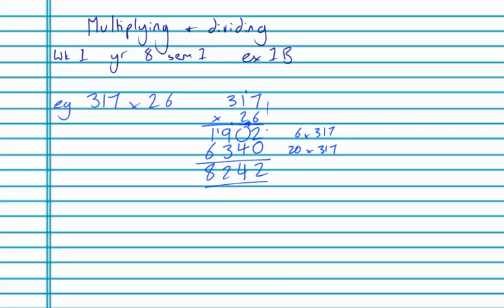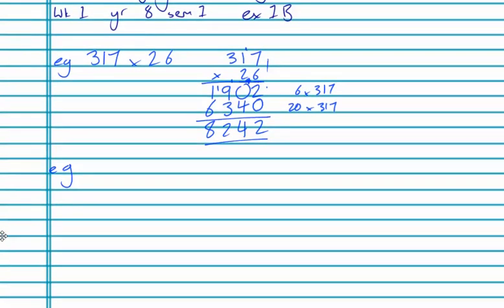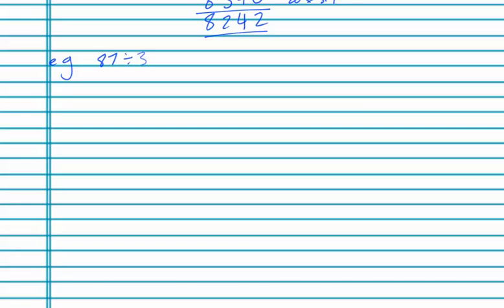We can use the short division algorithm to get the quotient of two numbers, that is, what happens when we divide them. So, for example, if we have 87 divided by 3, our short division algorithm says it's 87 divided by 3.